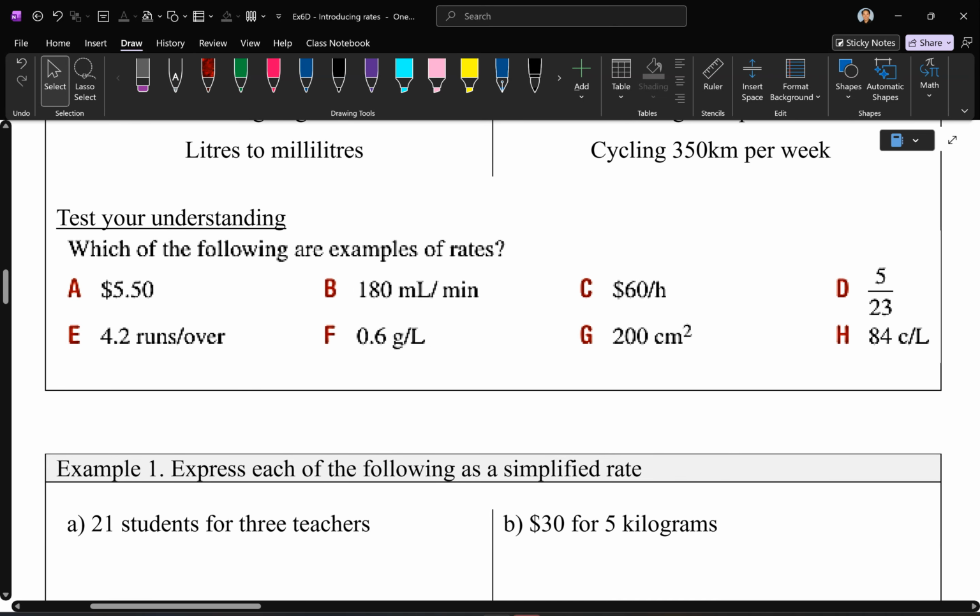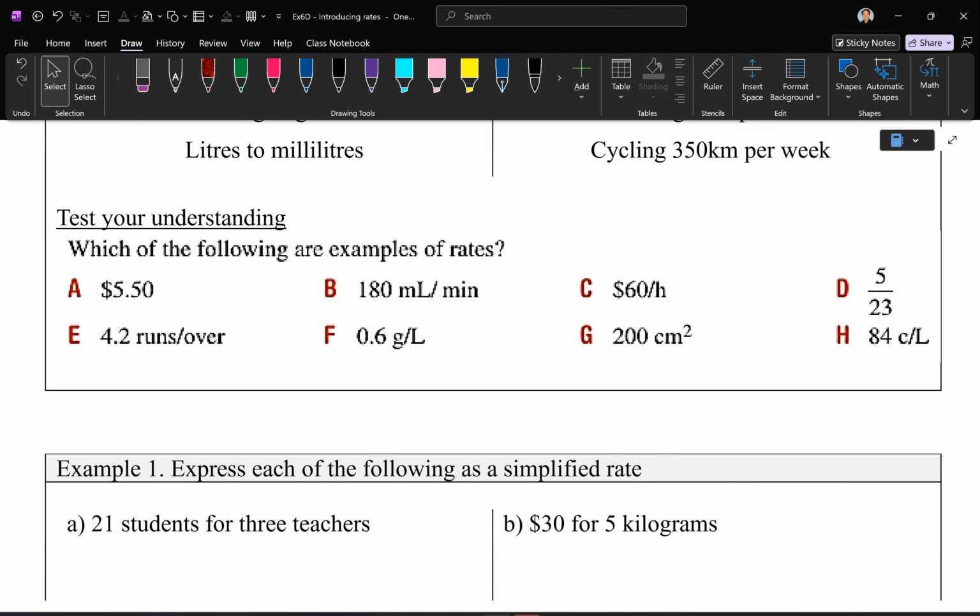I want you to circle on your page which ones are rates: A, B, C, D, E, F, G, or H. There's more than one. 30 seconds starting now. Five, four, three, 2, 1.